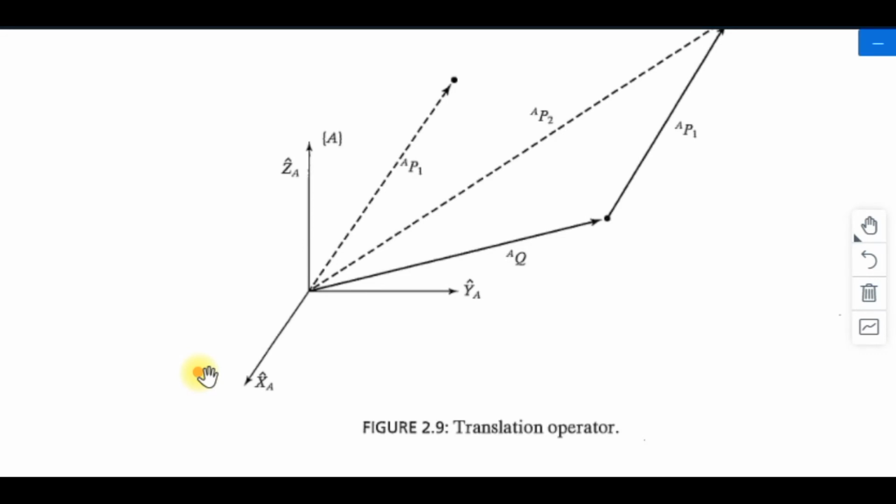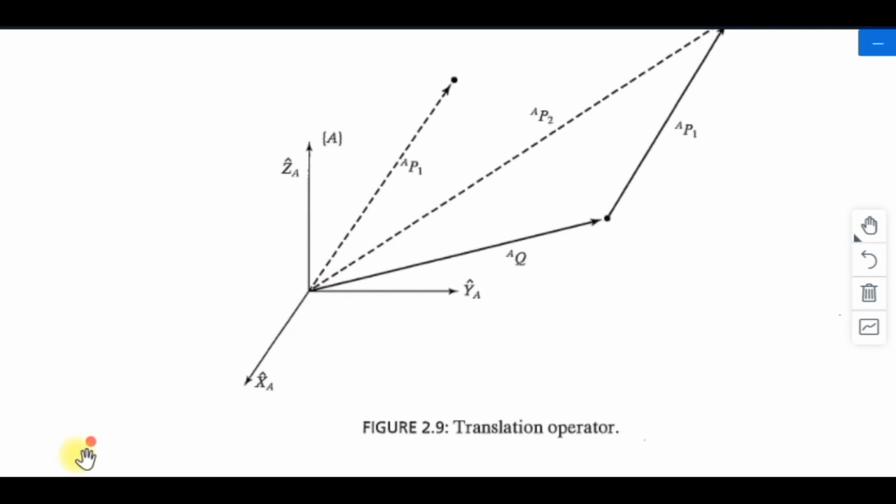So we may consider that the point may be the variable here, or the matrix or the coordinate is the variable, or vice versa. By using the vector addition, we are able to find the present position with respect to the coordinate system.